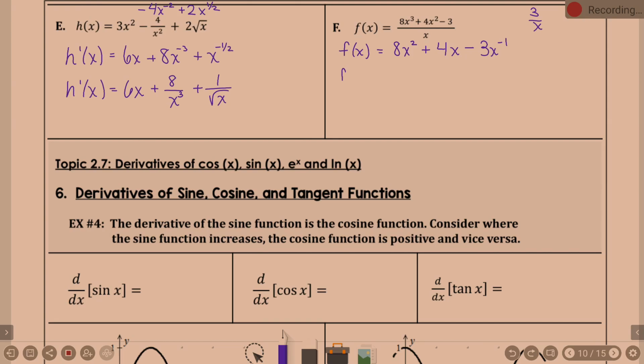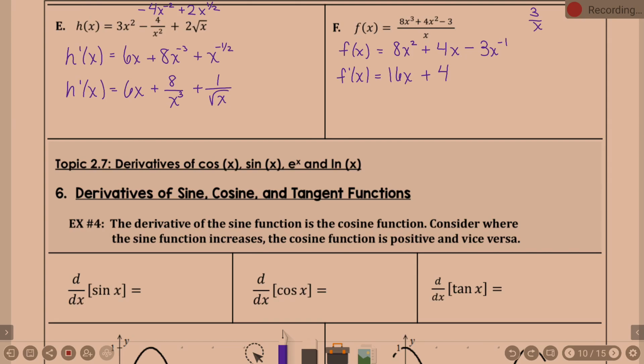Okay. Now let's do the derivative. Derivative of 8x squared is 16x. The derivative of 4x is 4. Basically, when you have just the x to the first, it drops off. Or 1 minus 1 becomes 0, and anything raised to 0 is 1.